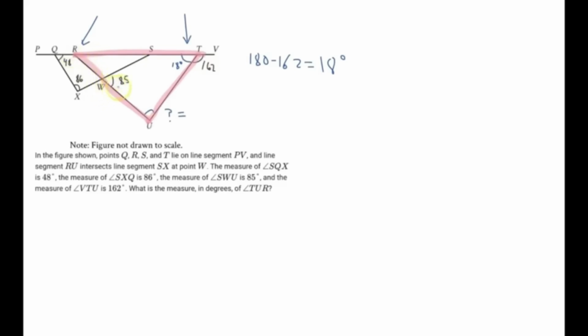So first off, we have this 85-degree angle here, and we have a very straightforward vertical angles theorem here. So this angle right here, which is across from that 85 degrees, that is also 85 degrees. And now another thing I want to note is that this quadrilateral QRWX has four sides, right?